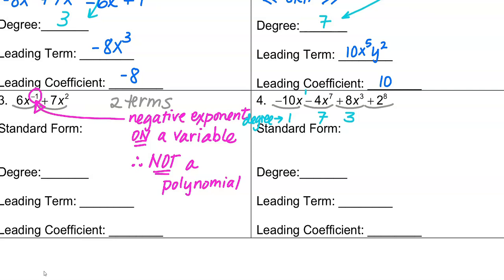Is it 8? It's a trick question, isn't it? It's how I like to try and trick you on the test. It's x to the 0, so it's 0. So let's do this here, right? Careful. Degree is not 8, right?